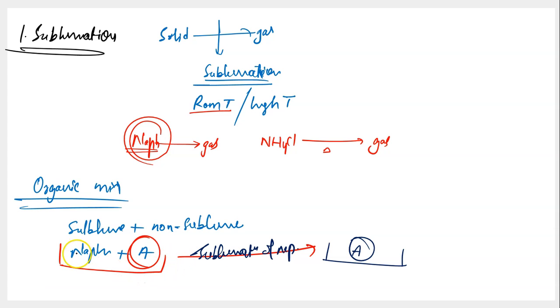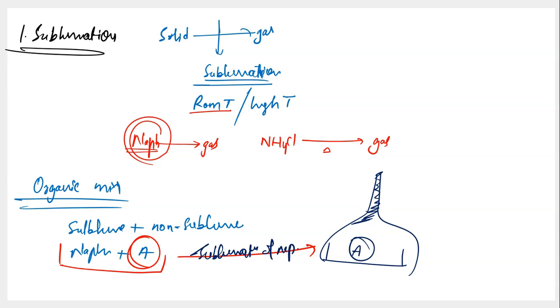Now if you wish to extract that, not to lose it permanently, you can conduct the process in a closed container, as a result of which you will be able to capture the vapors of the sublime, and later you can collect the vapors and solidify them back in order to have a pure form of this sublime achieved.